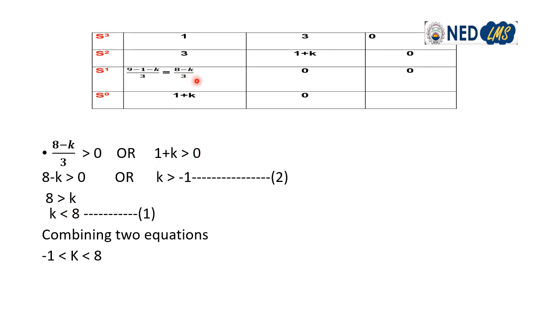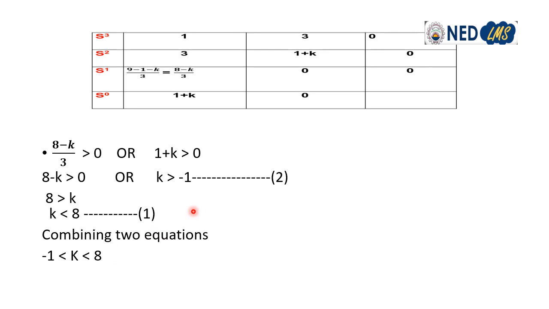Or when we say that this term should be positive, 1 plus k is greater than 0, we can say that k should be greater than minus 1. So by combining these two conditions, we have a range that k should be greater than minus 1 and less than 8 for the system to be stable.